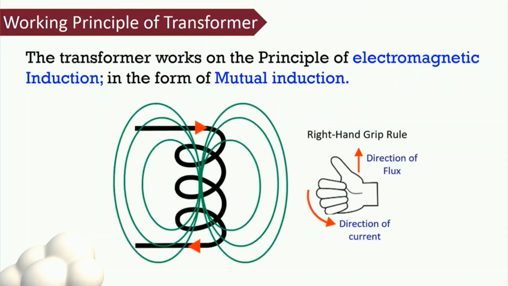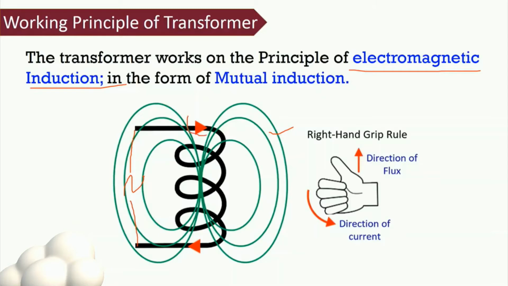Next is the working principle of the transformer. The transformer works on the principle of electromagnetic induction in the form of self-induction and mutual induction. We will try to understand both. The diagram shown in the figure is of a single air core coil.